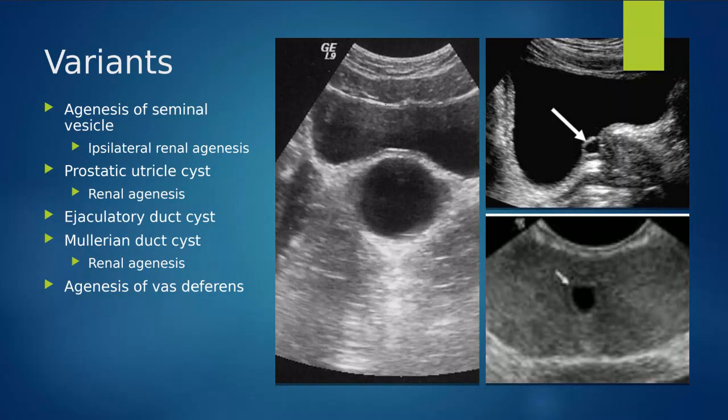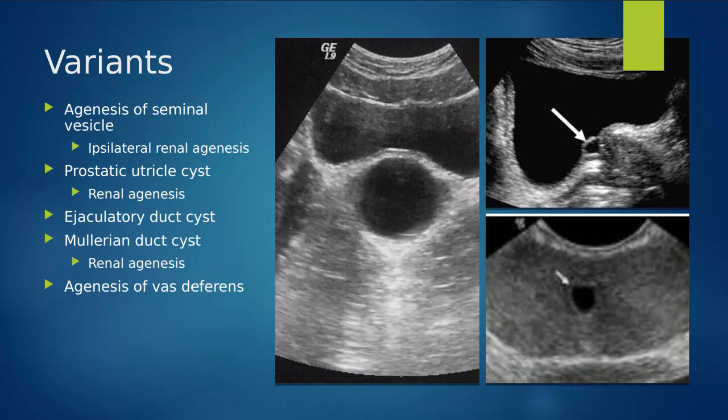As we know, if we're missing both kidneys, that is incompatible with life. So if we are scanning an otherwise healthy adult patient and they tell us that they have this particular prostate cyst and they're missing a kidney, that's going to kind of go hand in hand in terms of their patient history or clinical history.